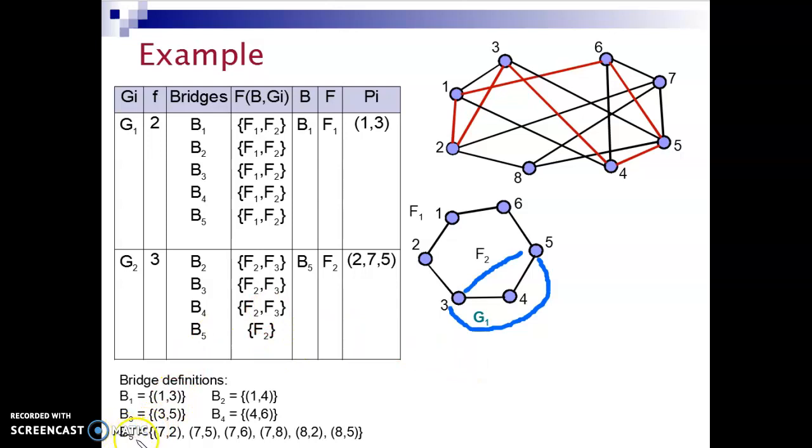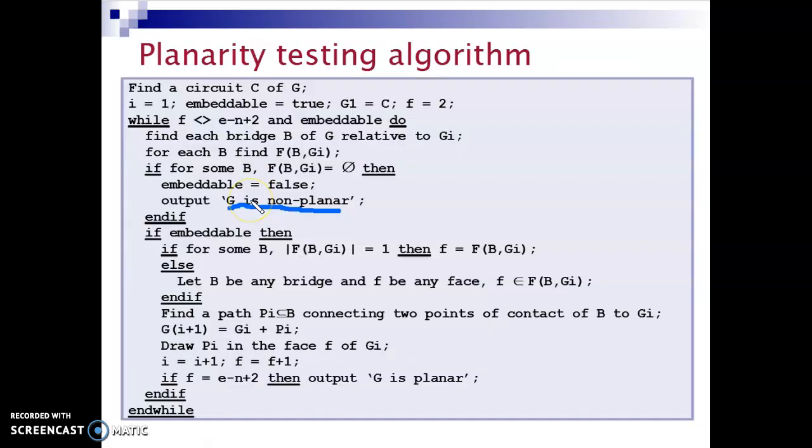The largest one, B5, is composed of 1, 2, 3, 4, 5, 6 different edges. You can try this for yourself, but you will find out that it is possible to draw this bridge either on face 2 or face 1, doesn't matter. So we have two options for that bridge as well. After identifying all these sets, the next thing to do in the algorithm, and let me just go back.